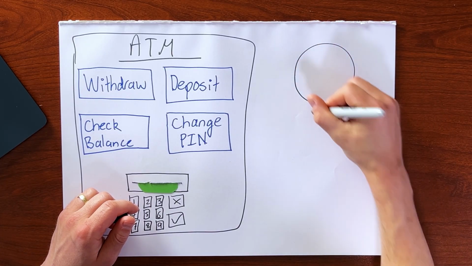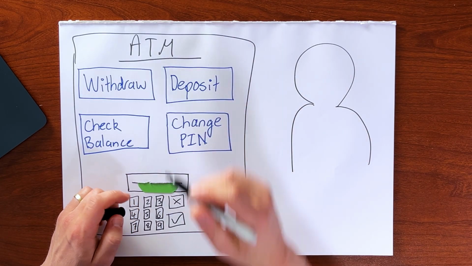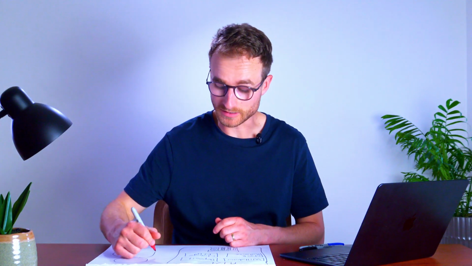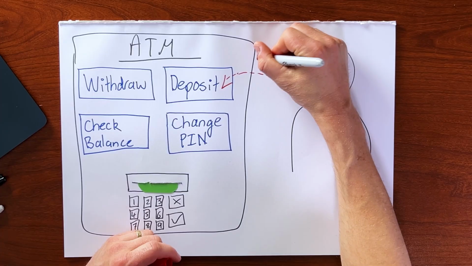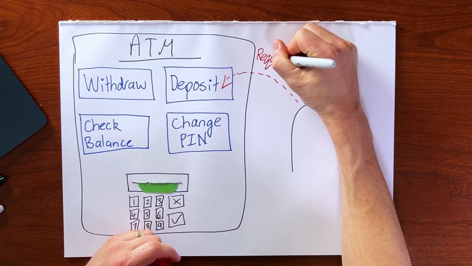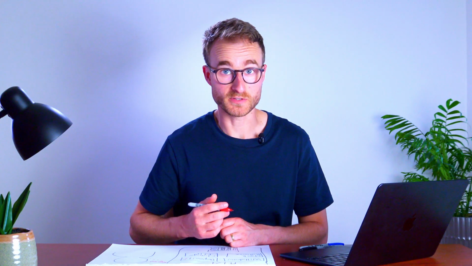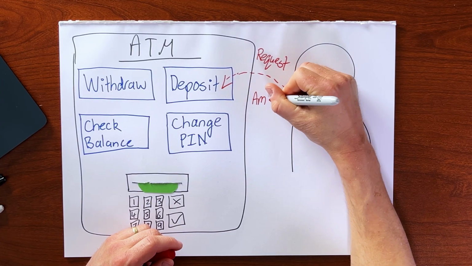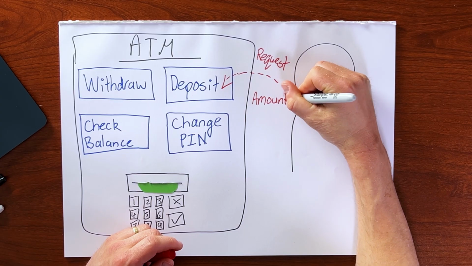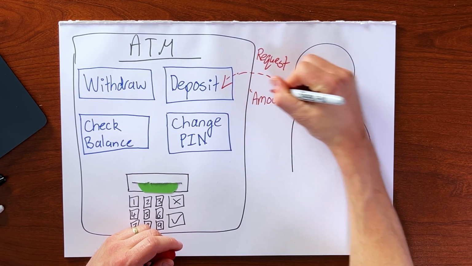So here's you, the user, interacting with this ATM. And the interaction works basically like this. You're going to click on one of these options, which we might say is making a request to do one of these services. And depending on the service, you're going to be required to provide some additional context. So in the case of depositing, you may need to provide also the amount that you want to deposit.